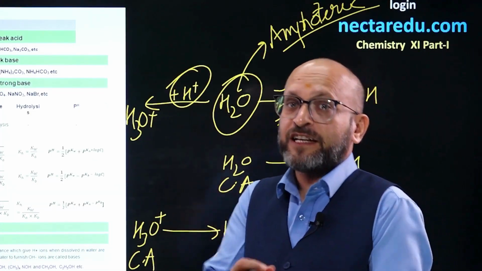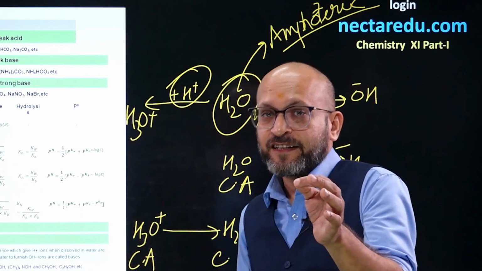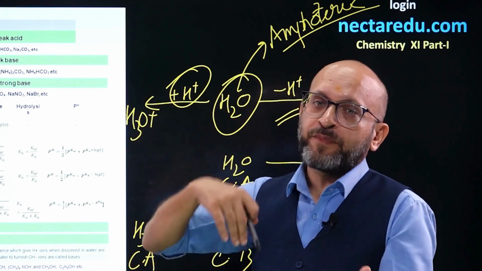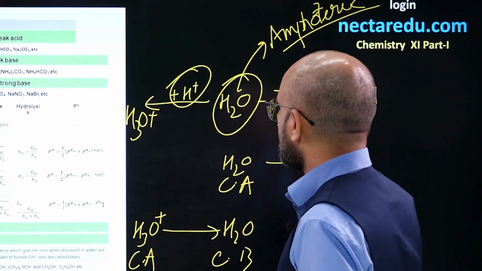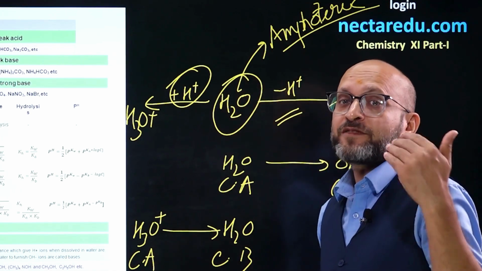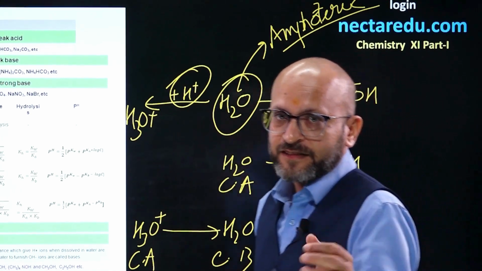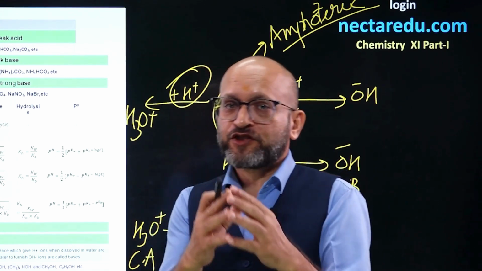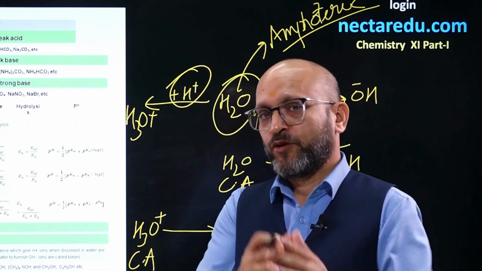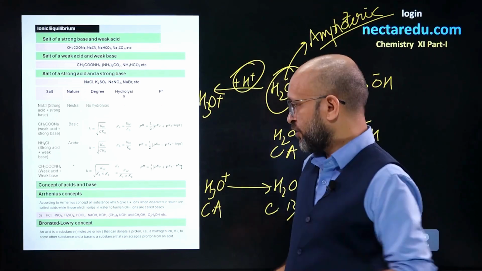The one which gives H plus will be the conjugate acid. The one which adds H plus will be the conjugate base. There are amphoteric species as well which can behave as both: HSO4 minus, H2O, ammonia. Amphoteric species we call them.